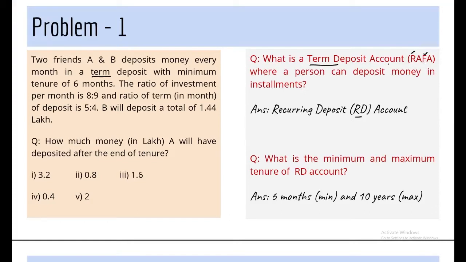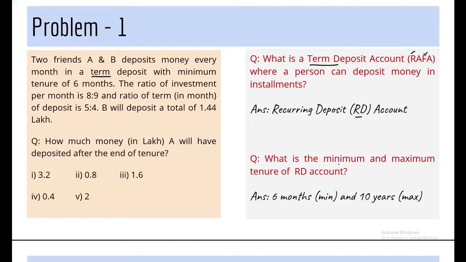Like with a fixed deposit, the money is fixed for that particular term, suppose for 5 years or something. You cannot change the amount, you just need to wait for the 5 year tenure to be completed, then you can withdraw the money. That is called a fixed account, and recurring deposit means you have to add money every month.